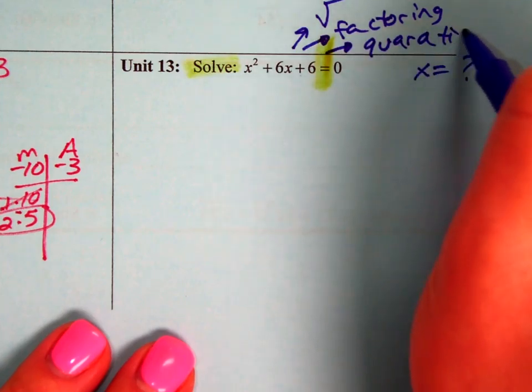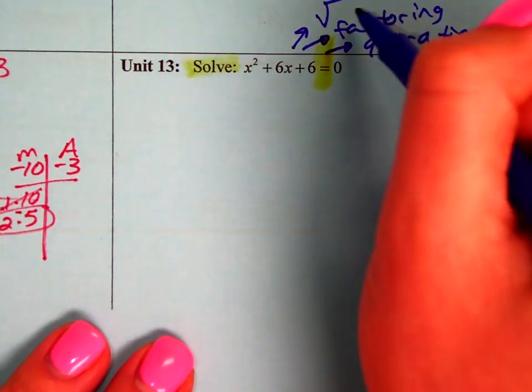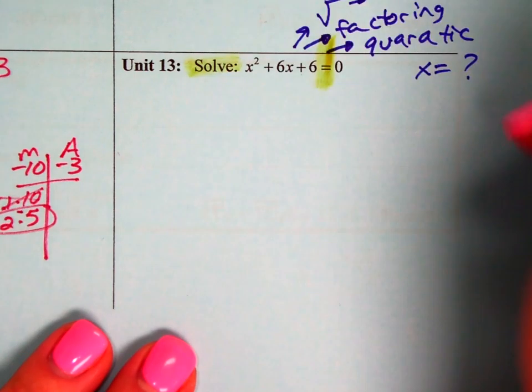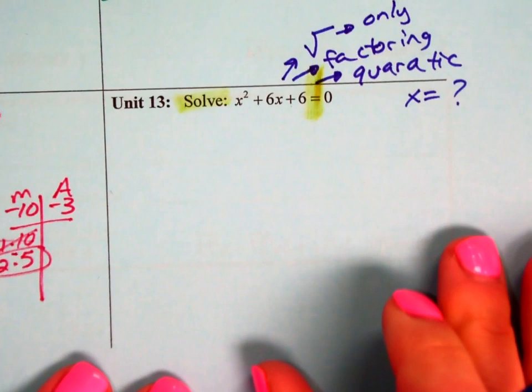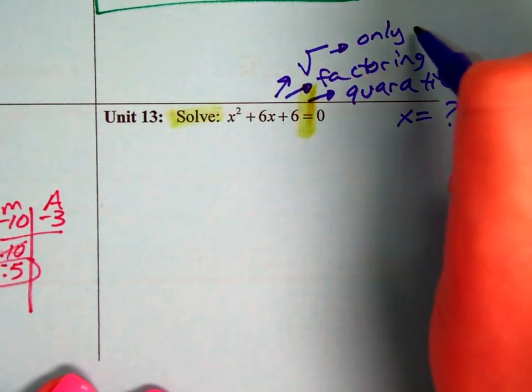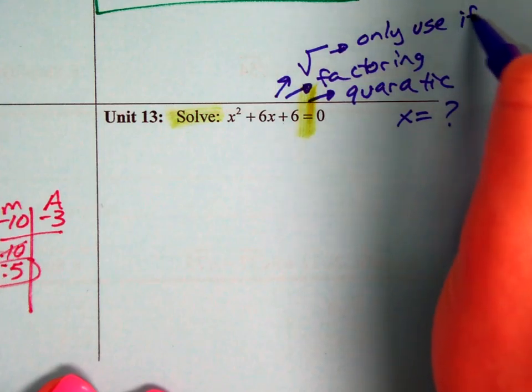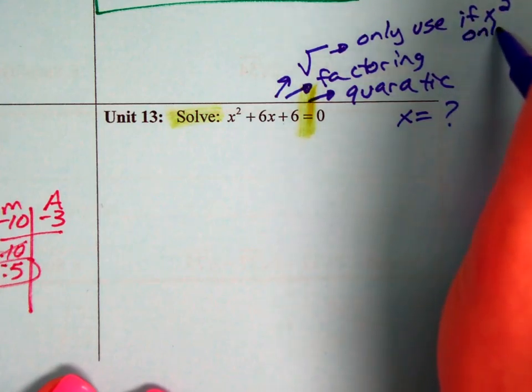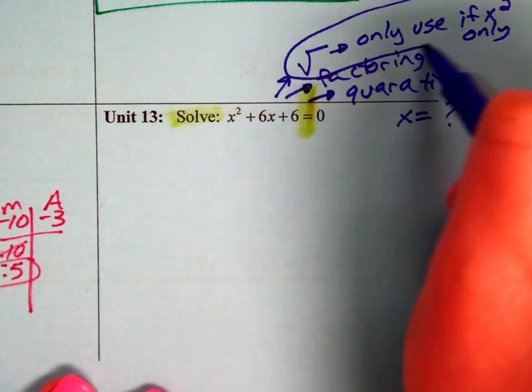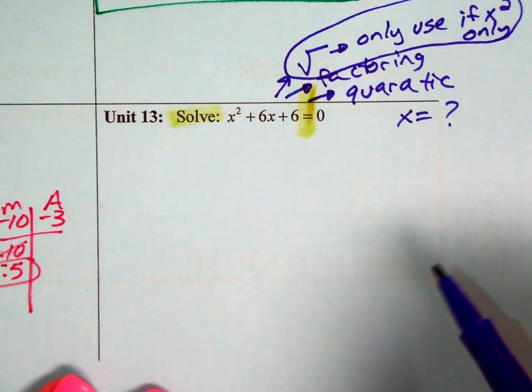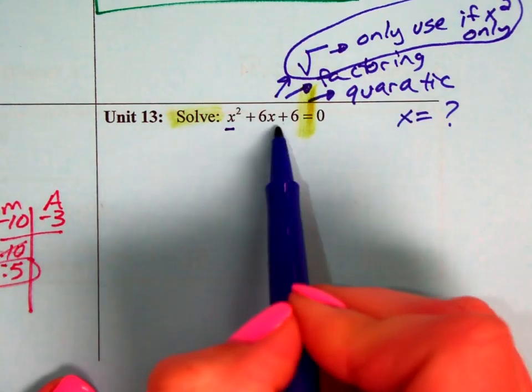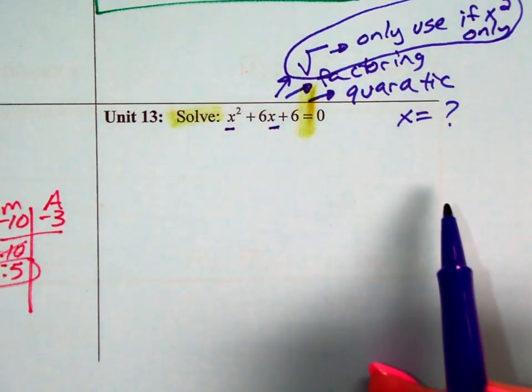Now, right off the bat, we should eliminate the square roots because you can only use it, and so write this down, only if x squared only. So if there's anything else other than an x squared, we can't use that. So since this one has an x squared and an x, either I have to factor or do the quadratic.